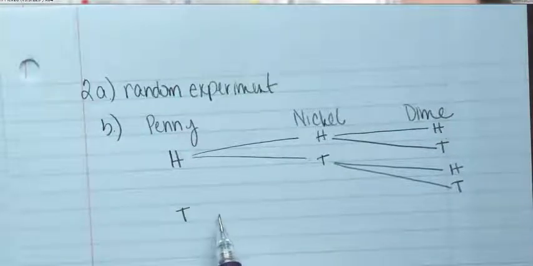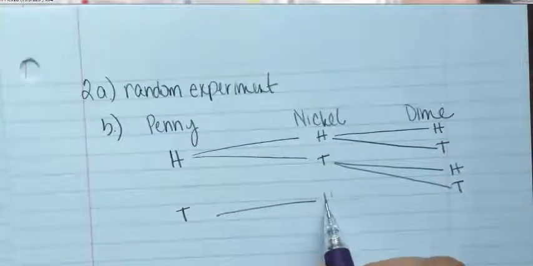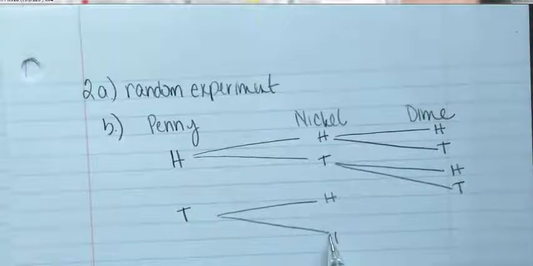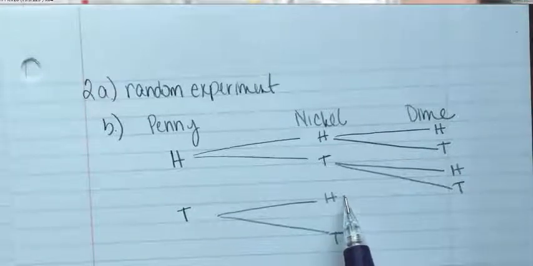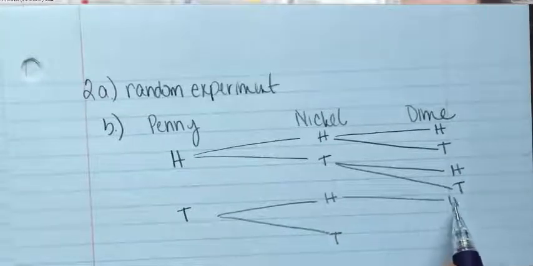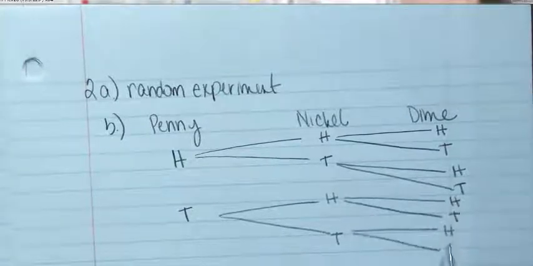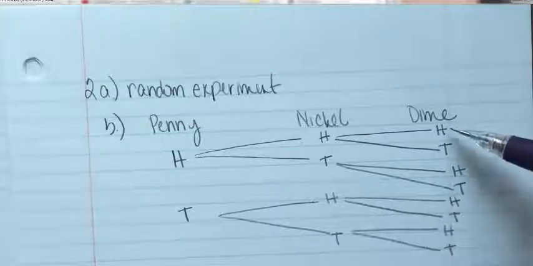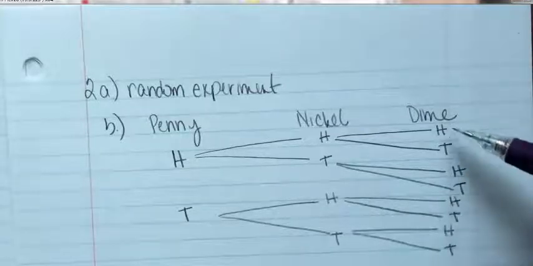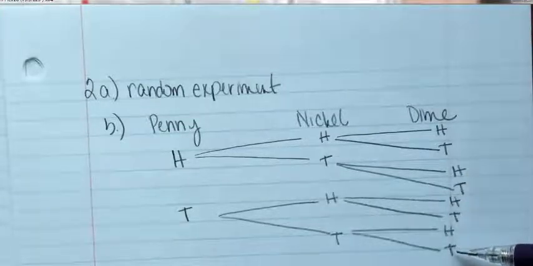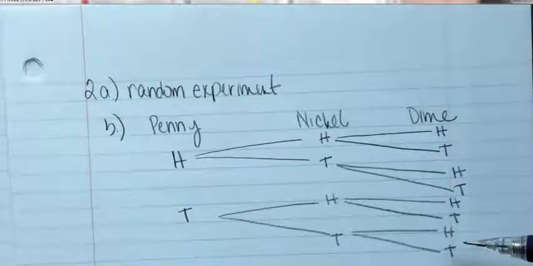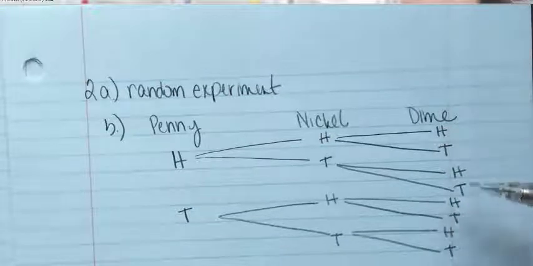Then I flip that nickel, and I either get heads or tails. And then from there, my dime will either land on heads or tails. If I look at all these extended branches, these are going to be the total possible outcomes, so basically my sample space.